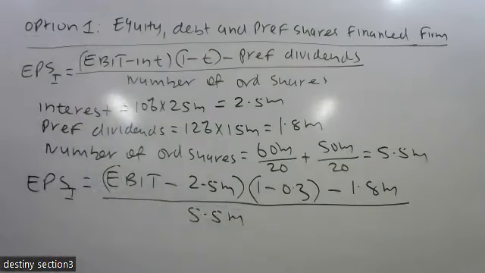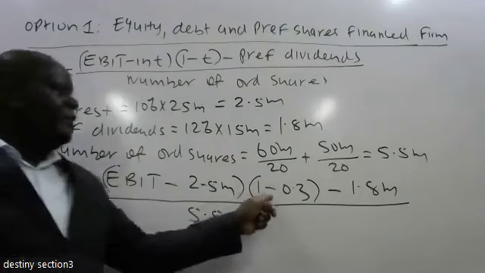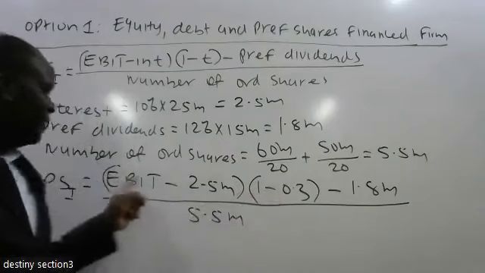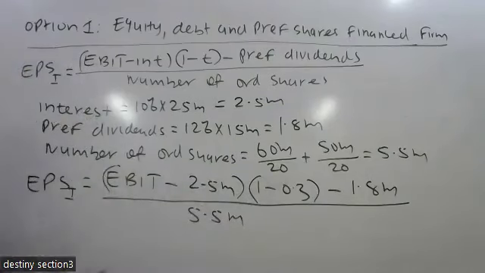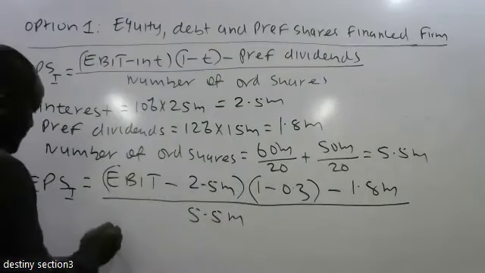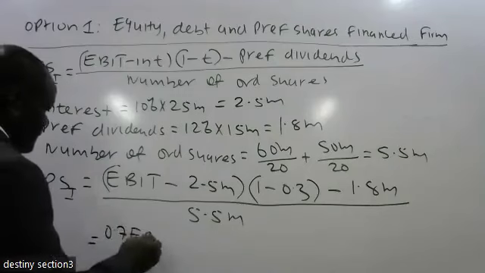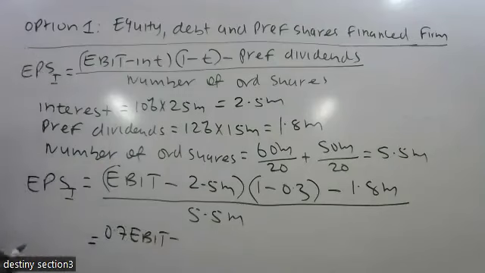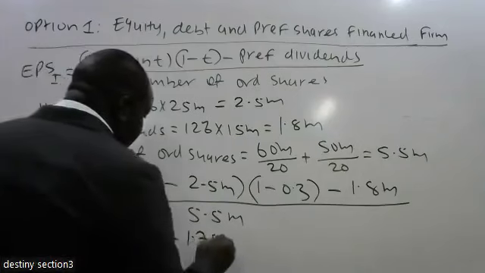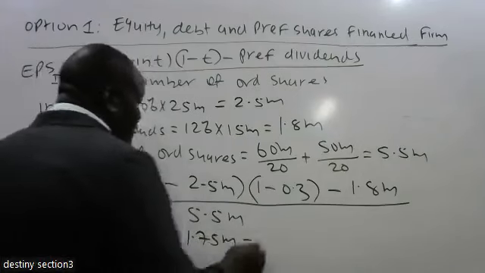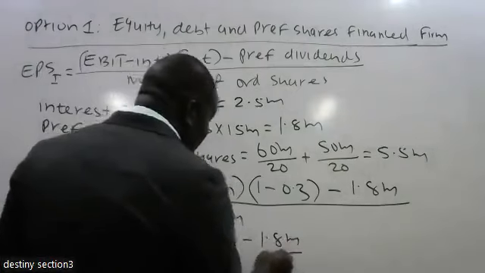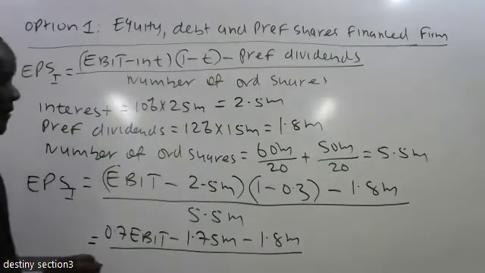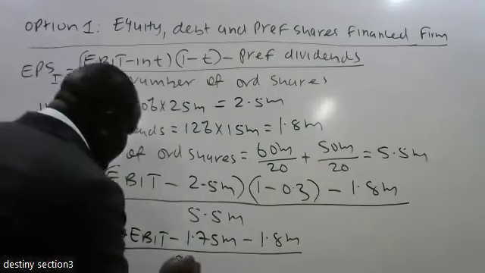So we open the brackets. This one is 0.7, so 0.7 multiplied by this figure. 2.5 also multiplied by 0.7 gives 1.75. You also subtract 1.8. Then we divide by 5.5.